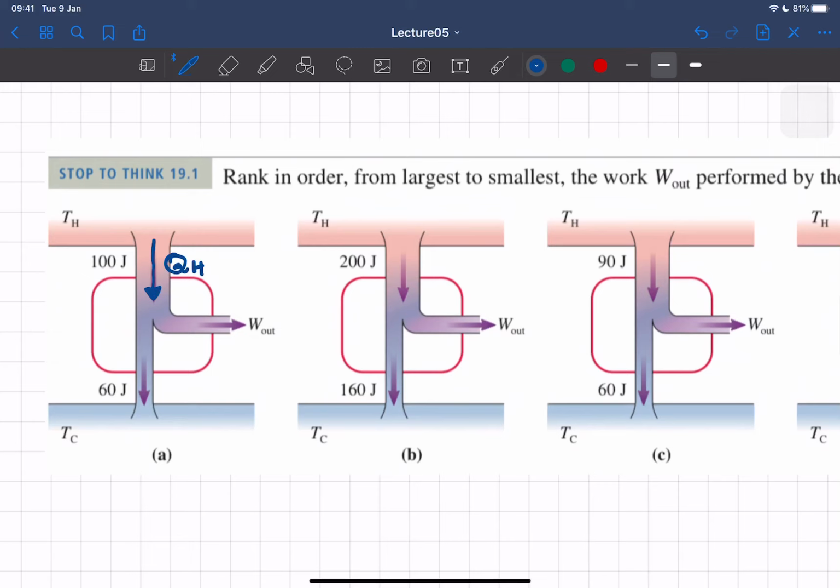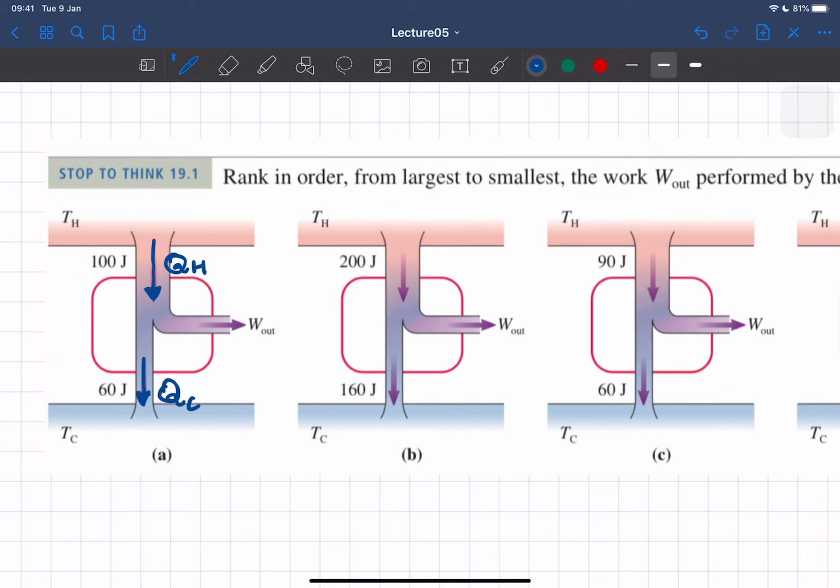And then some work can be gained from this heat, but the thing is that you're not going to get all the heat that you extract from the hot side and convert that into work, right? So we're going to see why that's not possible in a few moments. But any heat engine, you have to dump some heat back into the cold side. So that's going to be QC.